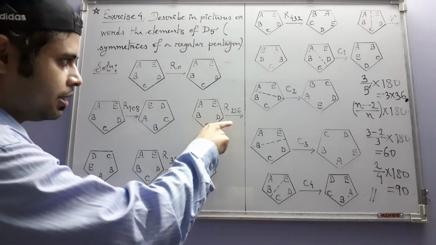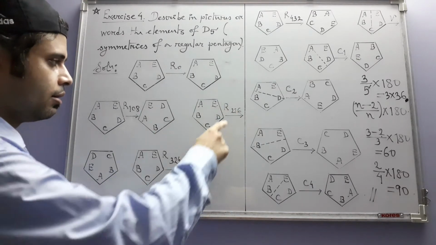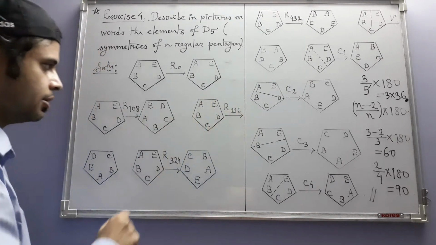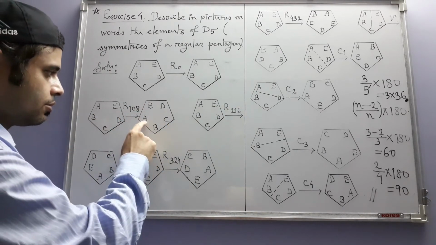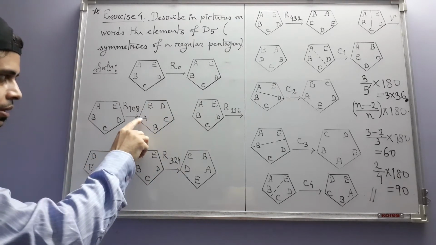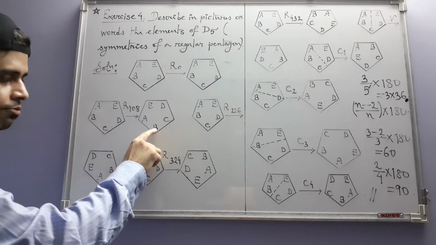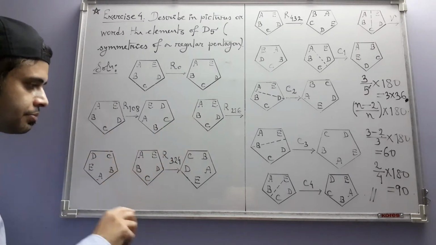Then the same thing is done, but now with twice the value of the angle, that is 216 degree. So now in place of this you have this. A has shifted to the position of B, B has shifted to the position of C, and so on.